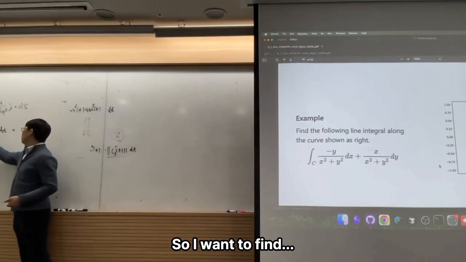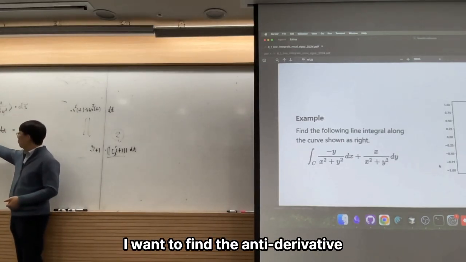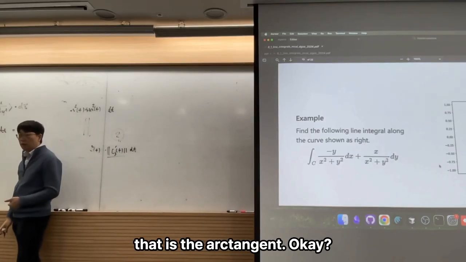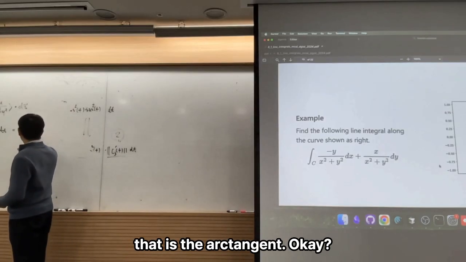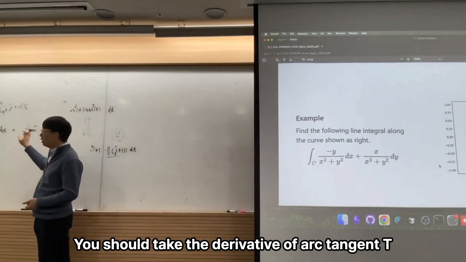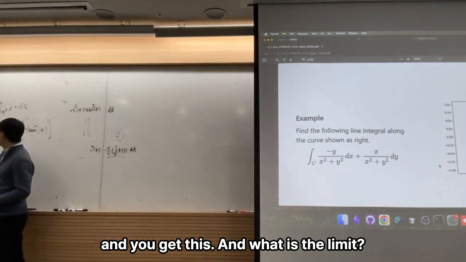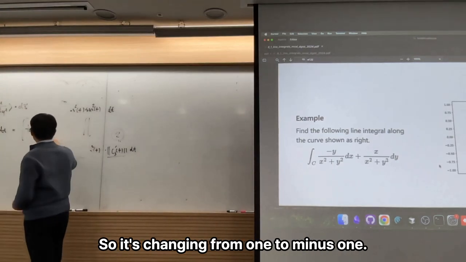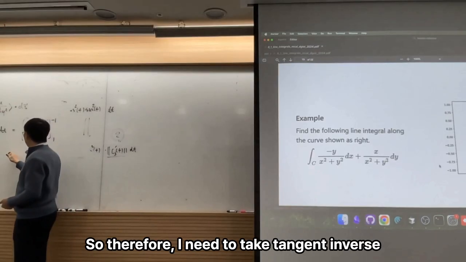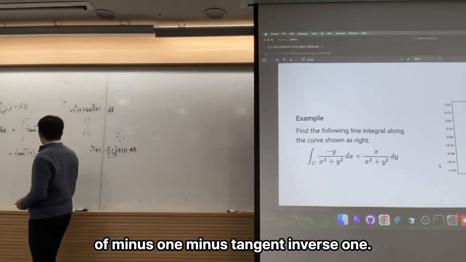So this is just a single variable function, a definite integration. I want to find the antiderivative of 1 over 1 plus t squared. That is the arctangent. So that's the antiderivative. If you take the derivative of arctangent t, then you get this. And what is the limit? It's changing from 1 to minus 1. So I need to take the tangent inverse of minus 1 minus tangent inverse of 1.